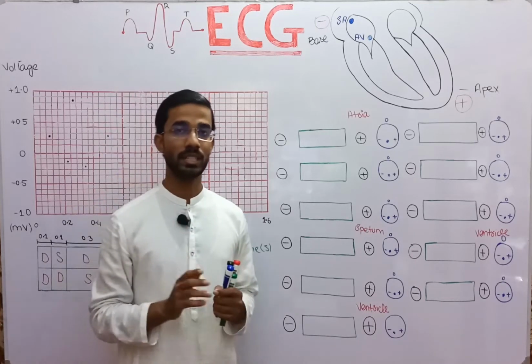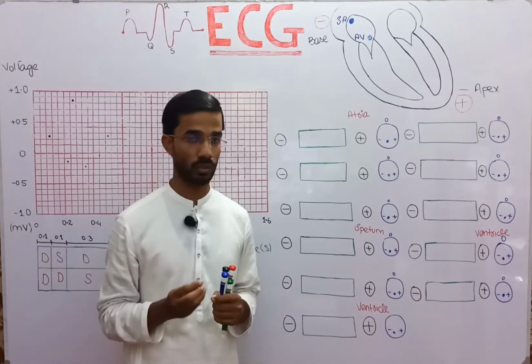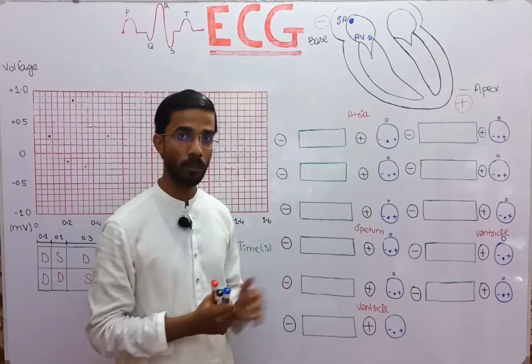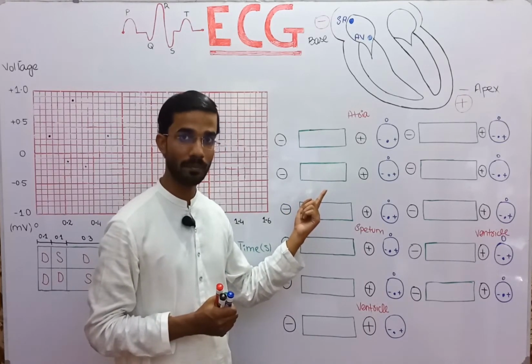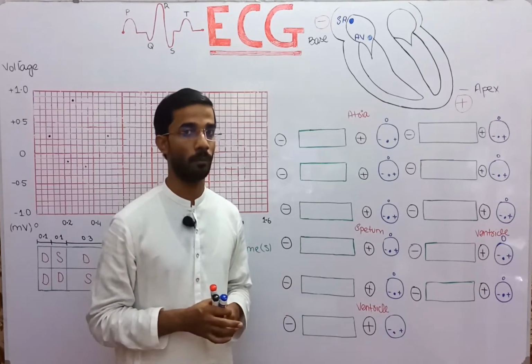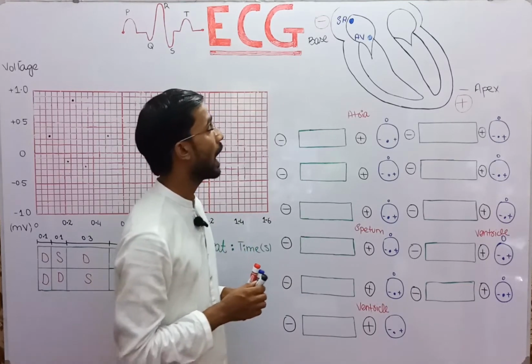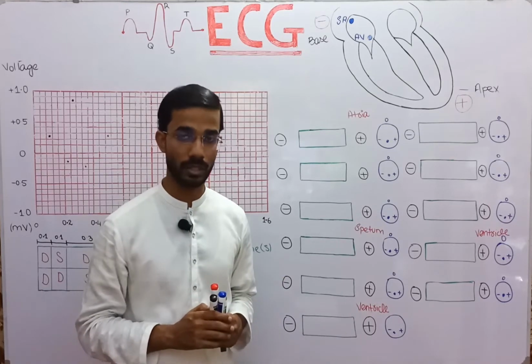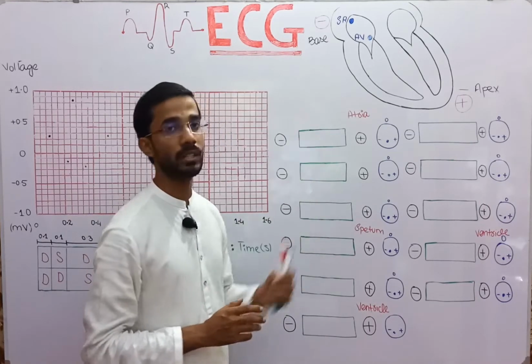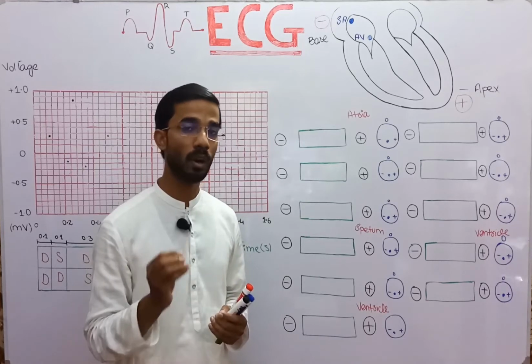We discuss ECG in three basic forms: in vector form, in what's happening in the cell, and in the graphical form. Let's see. Actually, when the heart is at rest, all the cells of the heart are in polarized state.